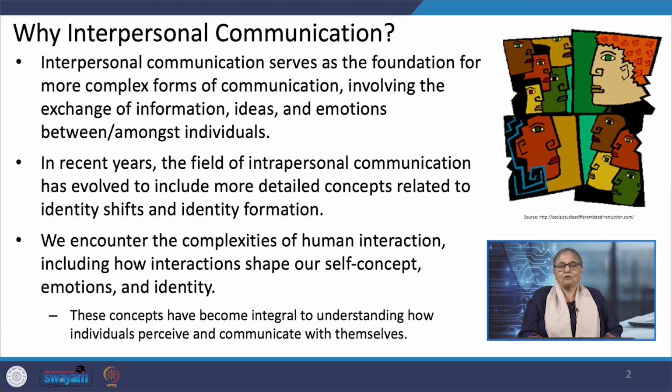We encounter the complexities of human interaction, including how interactions shape our self concept, emotions, and identity. And these concepts have become integral to understanding how individuals perceive and communicate with themselves.